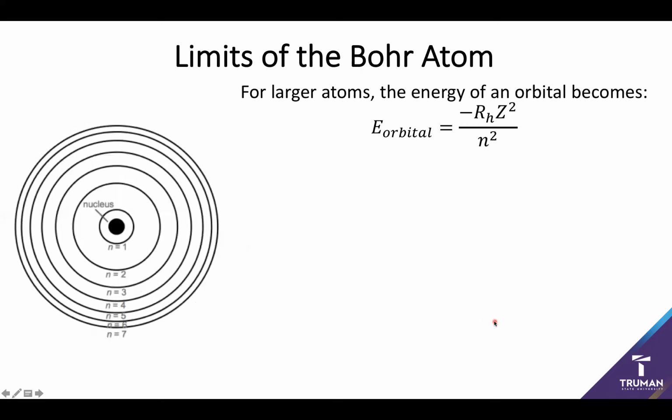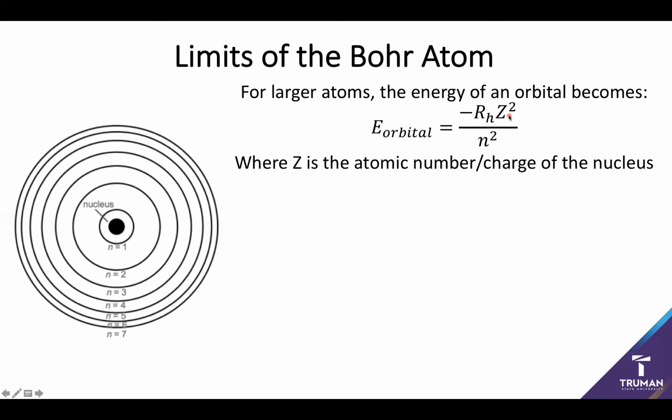However, all of our equations so far only really addressed hydrogen. However, a lot of times we're interested in other atoms. So for the greater spectrum of hydrogenic atoms, we have to deal with the fact that the nucleus has greater charge. So the electrons are going to be much more reluctant to move away from the nucleus. So we can model this by essentially increasing the difficulty of the electron moving away by including this Z squared term, where Z is the atomic number, or another way of looking at it, the charge of the nucleus.